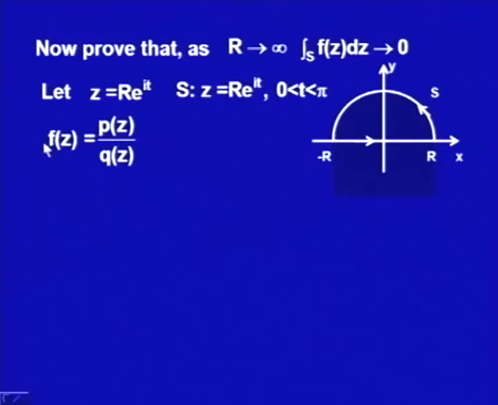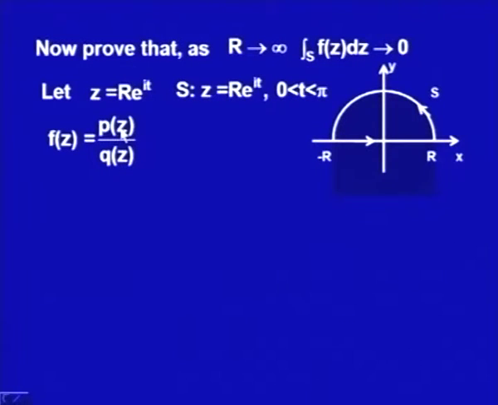Here, first we will find the bound for this f(z). We do not have to find it over the whole plane, because we assume that R is approaching infinity. So when R is large, that is, for all z for which the absolute value of z is greater than R, we have to find its bound.